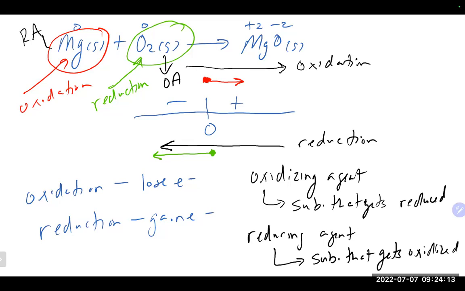When you're asked what is the oxidizing agent or the reducing agent, it is always a reactant. So it should always be the guys on the reactant side that you are talking about. It should not be the guys on the product side. Any questions on that there?